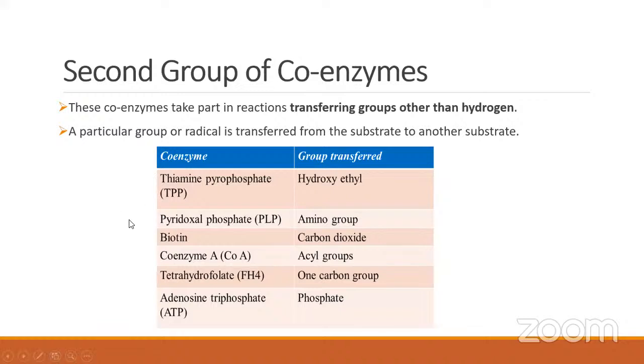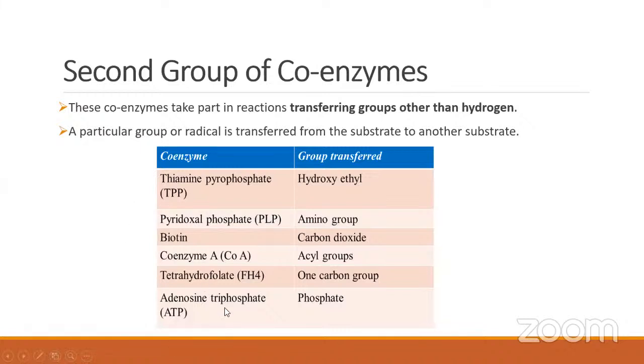Then coenzyme A transfers the acyl group. Tetrahydrofolate, or folic acid, transfers the one-carbon group. Just note all this. You will get an idea once the class progresses. When you complete protein and lipid metabolism, you will get a good picture about this. Just now, listen to what I'm saying.